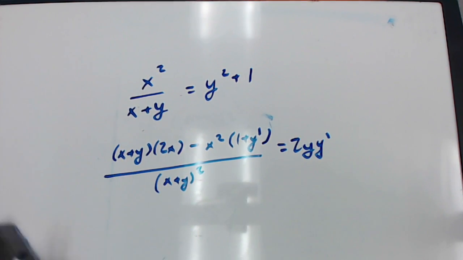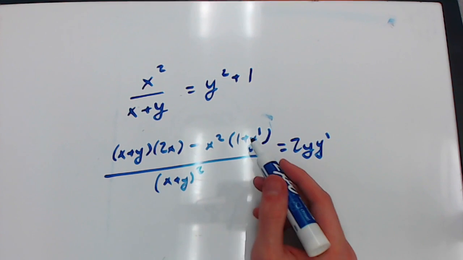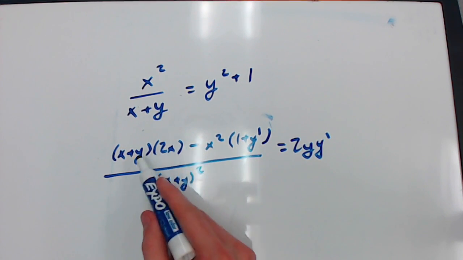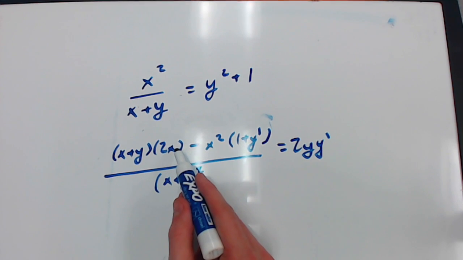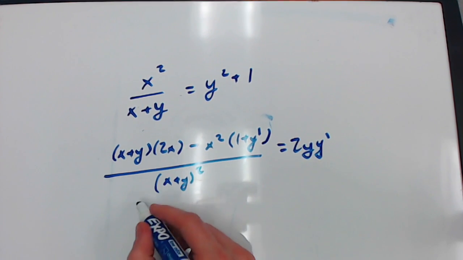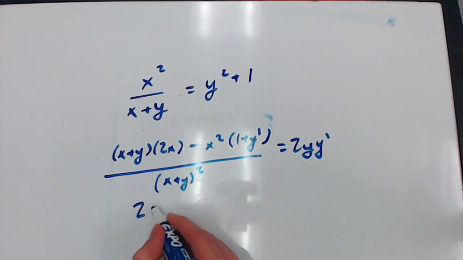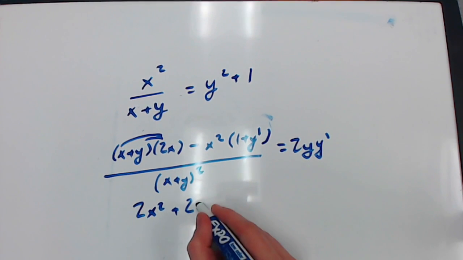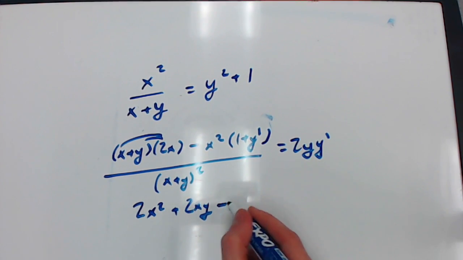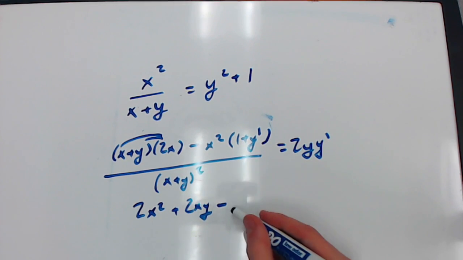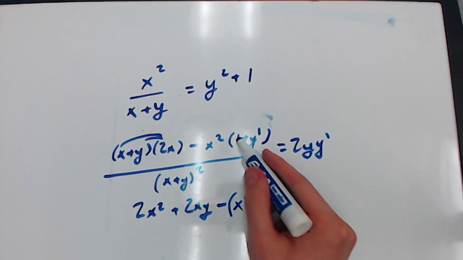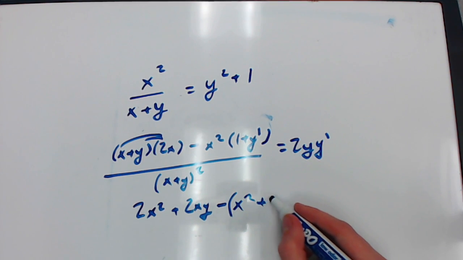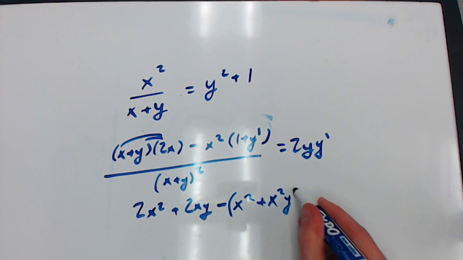But first and foremost, we're going to go ahead and distribute out all of our top terms. So we'll have 2x squared plus 2xy minus, so our x squared plus x squared y prime.